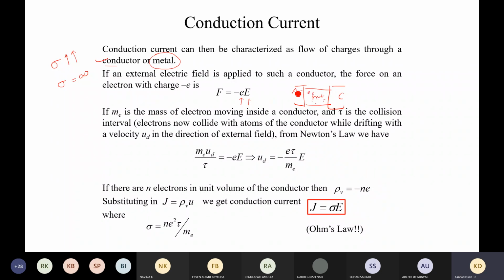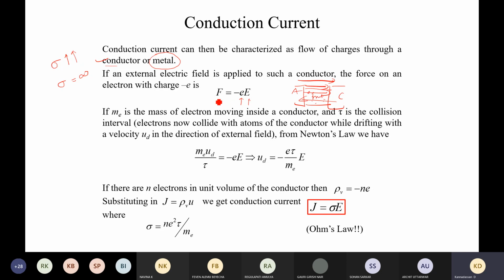The moment you give the voltage across this anode and cathode, the electric field will form, and this electric field will make the charge flow. The forward direction we call the conventional current, and the opposite direction, which is the real current, we call the electron current.